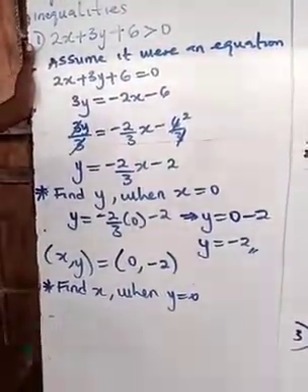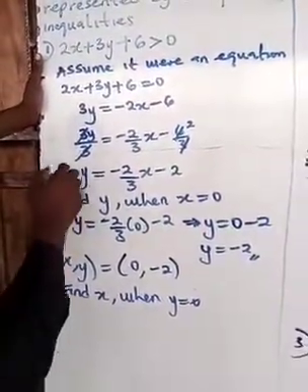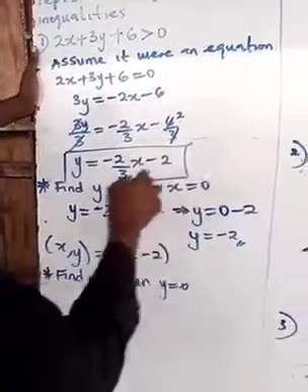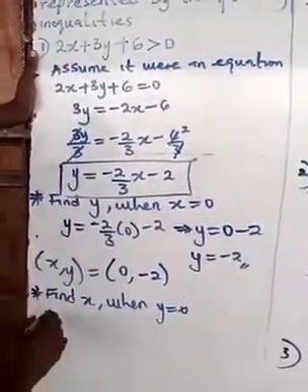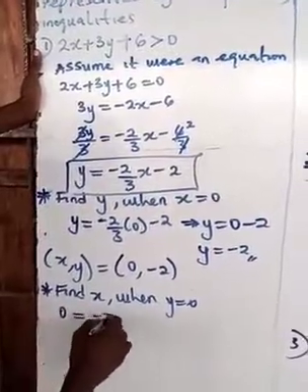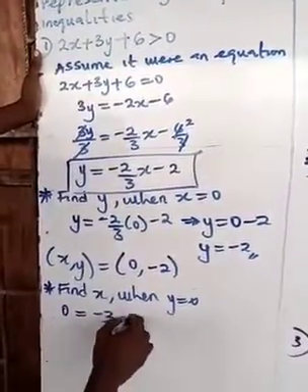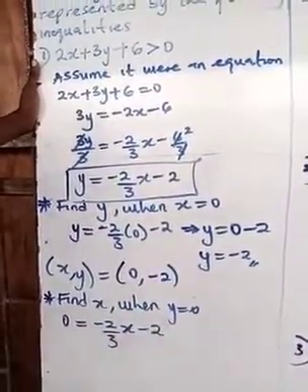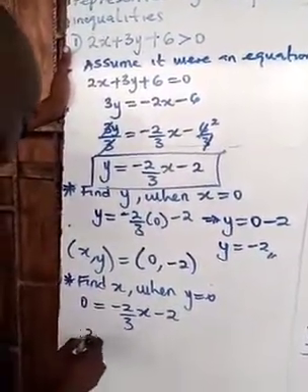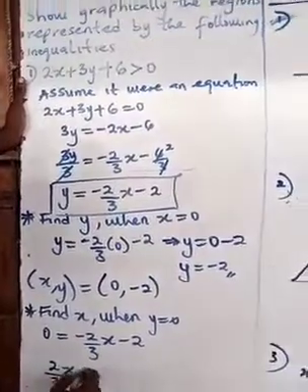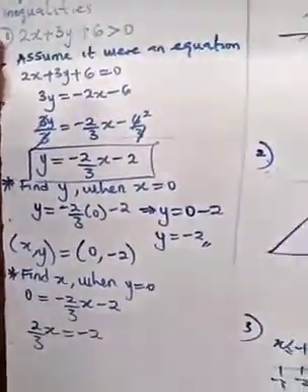So if we do that, that means anywhere we see y now in this equation, we replace it with 0. So this is 0 is equal to -2 over 3 x minus 2. Now we are looking for x, so let's bring this to this side. It becomes positive 2, so 2 over 3 x is equal to -2.